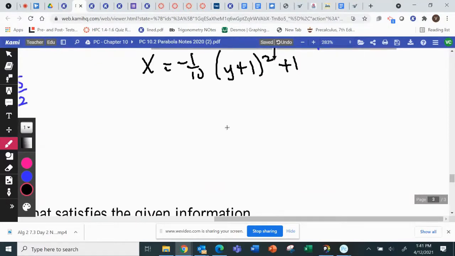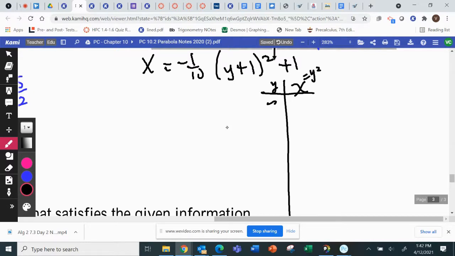Okay, so my transformation table. Since everything is backwards, this is what I'm going to do. When I look at the equation, the input is y and the output is x. So when I plug things into the y, the parent function is y squared.